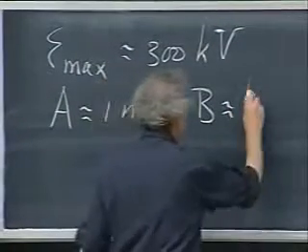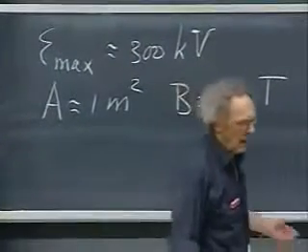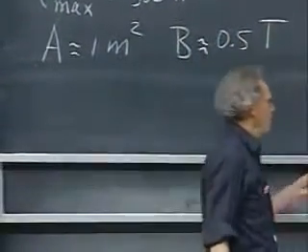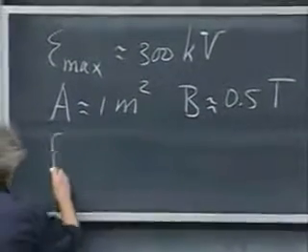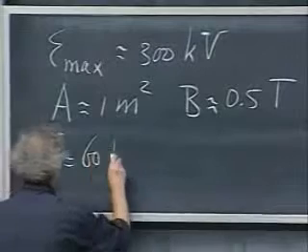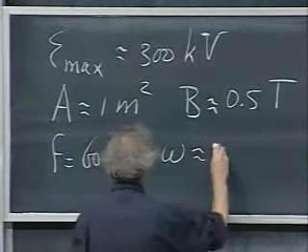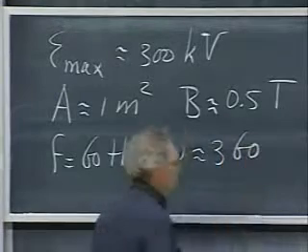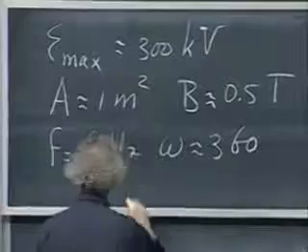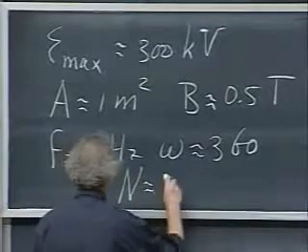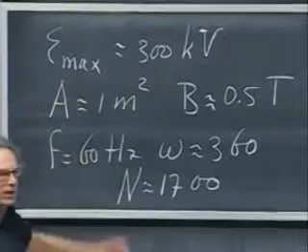It's by no means unreasonable numbers. And if now you want a 60 Hertz frequency, so your frequency f is 60 Hertz, so your omega is 2 pi times higher, it's about 360 radians per second. If now you have about 1700 windings, and you can check that at home, then you get your 300 kilovolts.